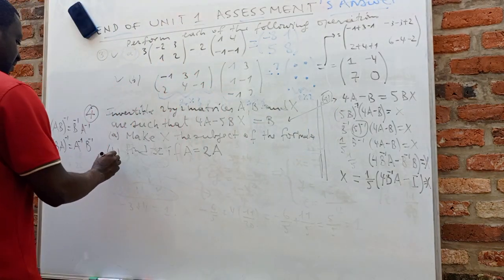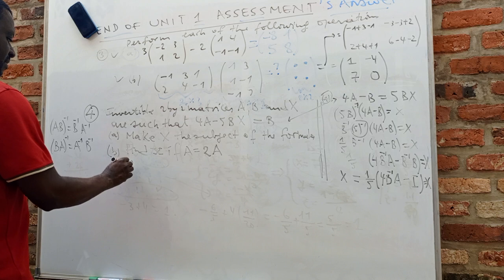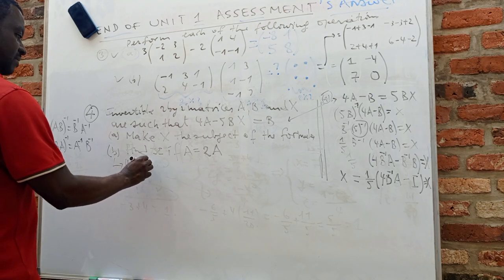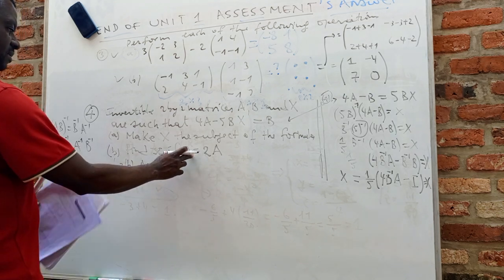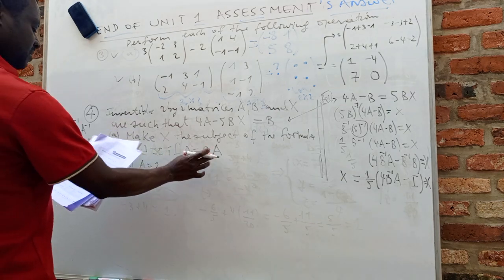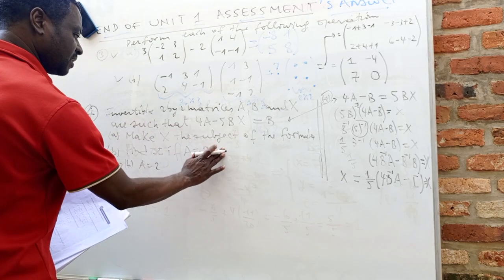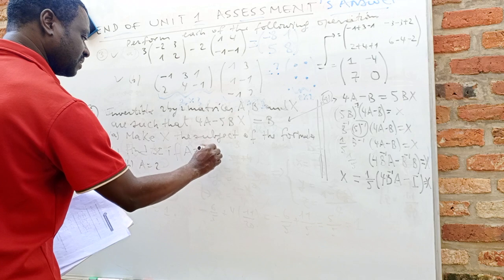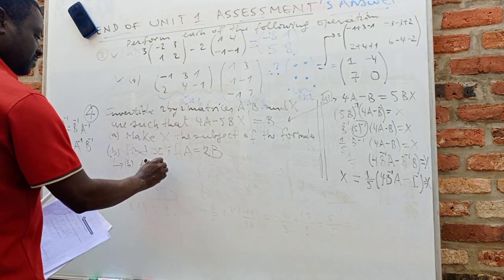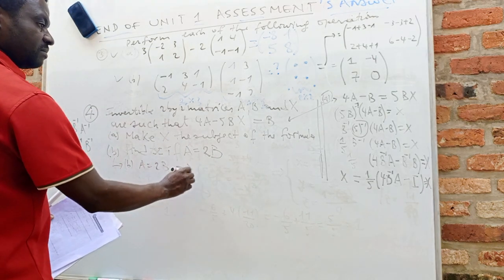Now that was sub question A. Now let us move to sub question B. If A is equal to twice A, no, this can't be. But if A is equal to twice B, so what will be X?